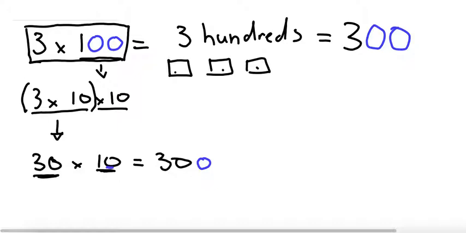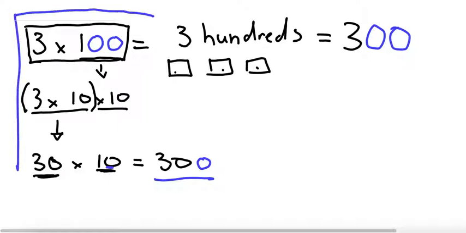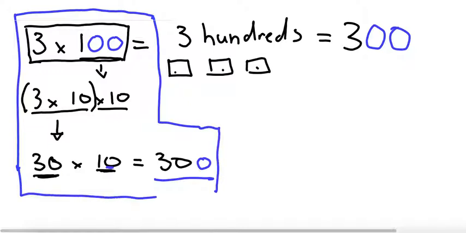This 0 here. So this way here shows you how we can break up that 100 and use what we know about multiplying by 10 to multiply by 100. Let's look at another example of multiplying by 100.